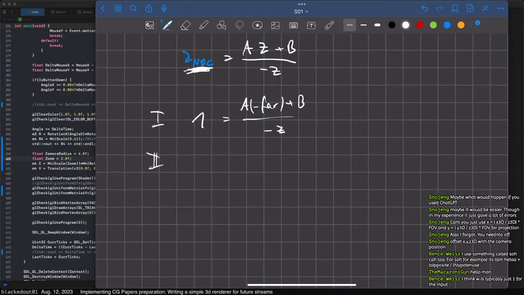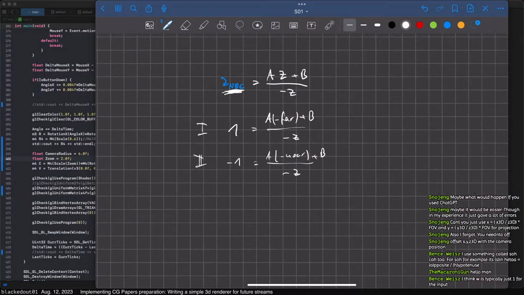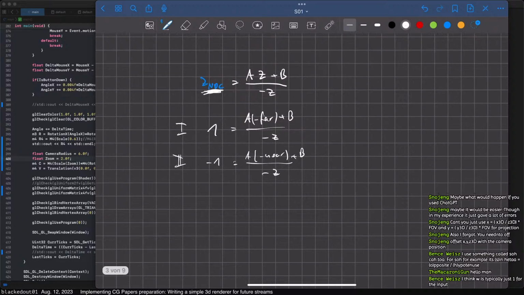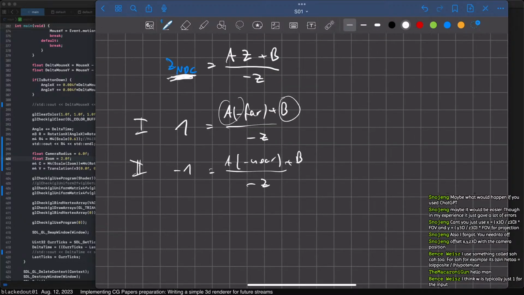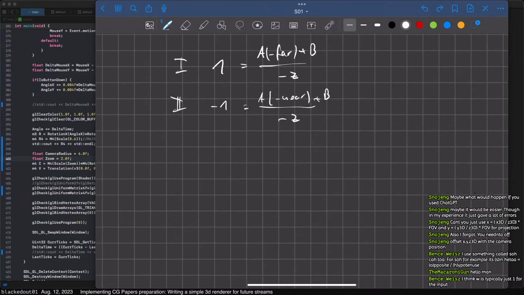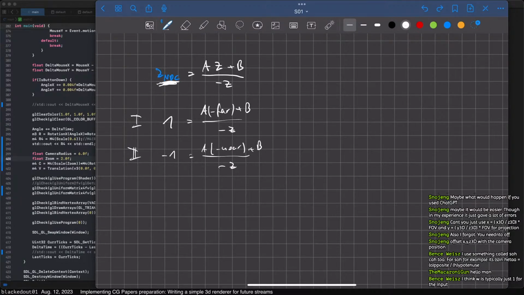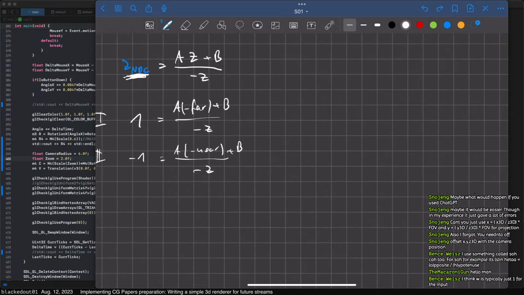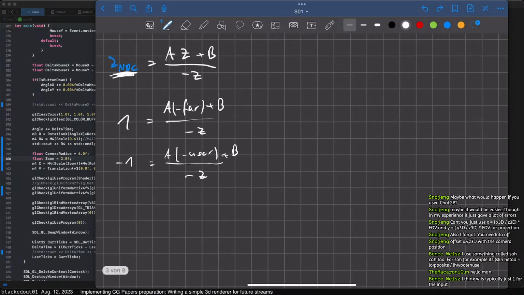And the second equation is we want the near plane to be mapped to -1. So here, minus near plus b and divided by z. And now we can solve for a and b. Yeah, I don't have this prepared, so this might get a bit painful.